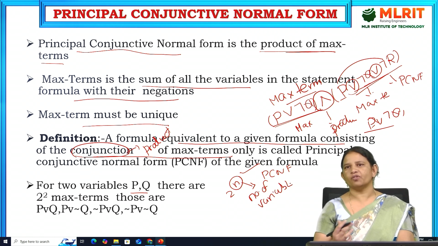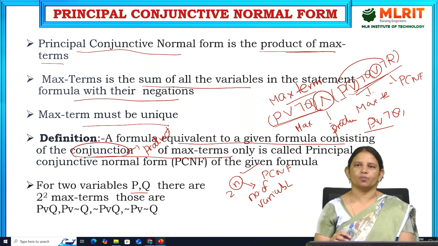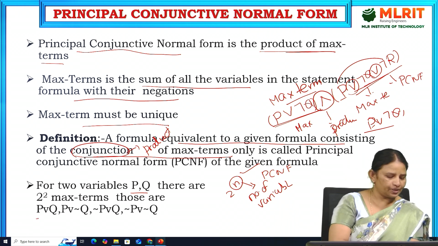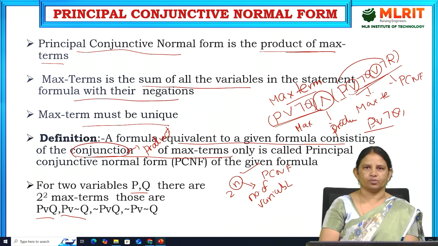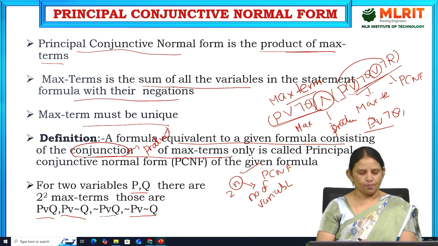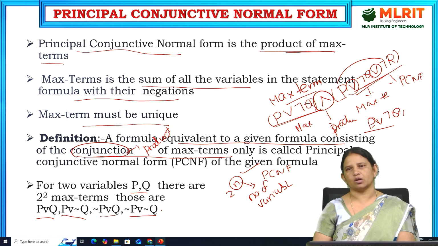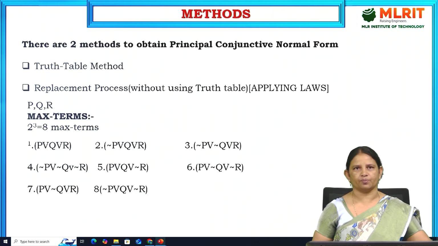If there are two variables, 2 power 2 equals 4 max terms possible. One is P or Q, then P or negation Q, negation P or Q, and negation P or negation Q. Maximum 4 max terms are possible if there are two variables.